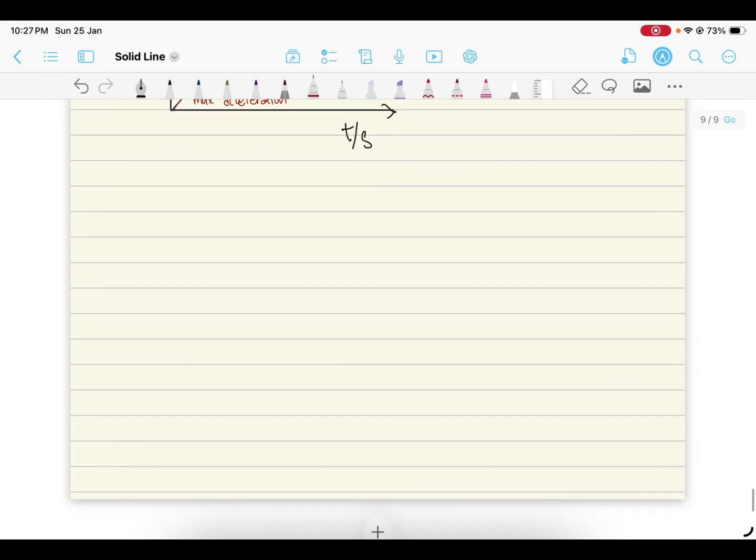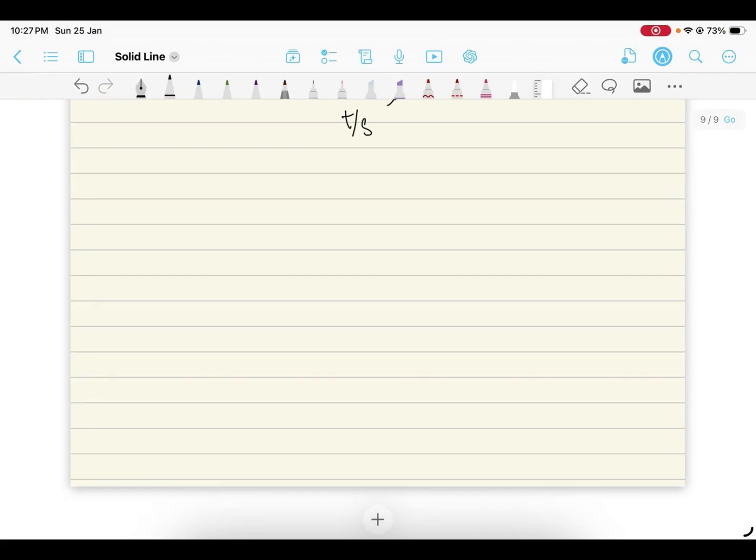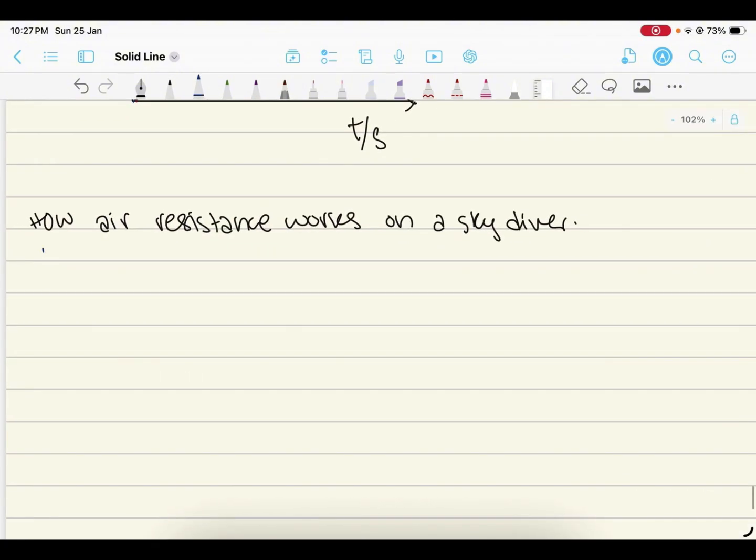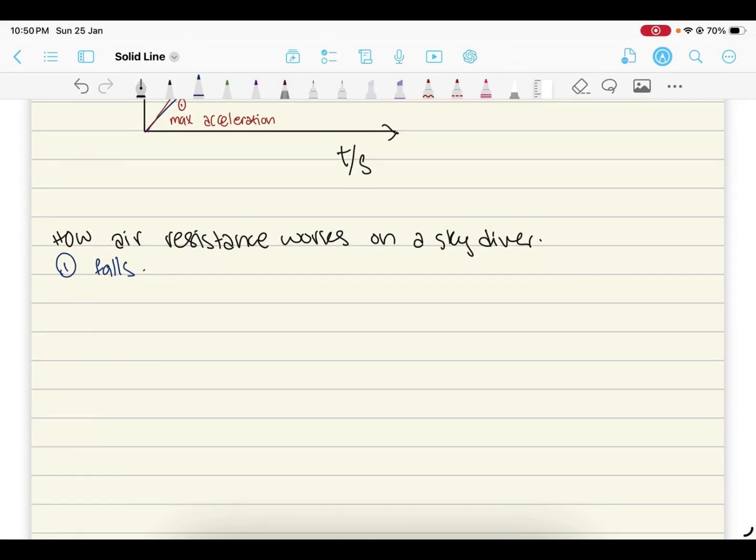Now what happens when a skydiver is falling? How air resistance works on a skydiver. So for a skydiver, first of all, the skydiver falls, and initially the resultant force is a large value.